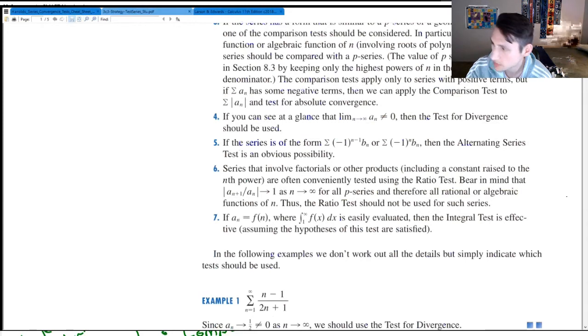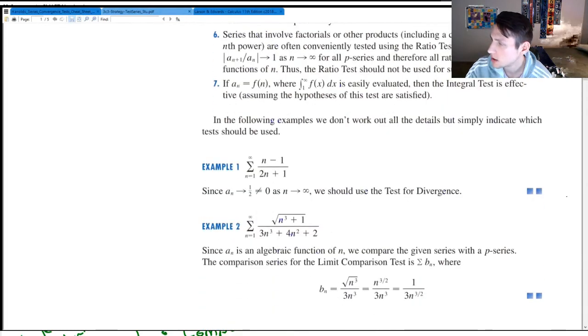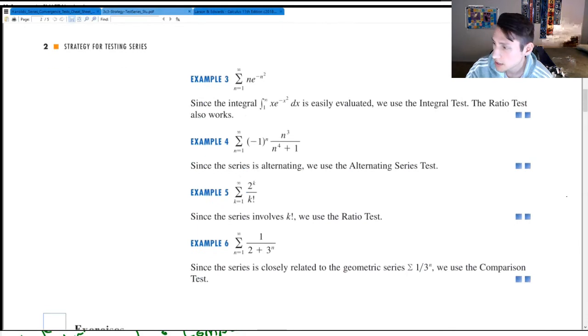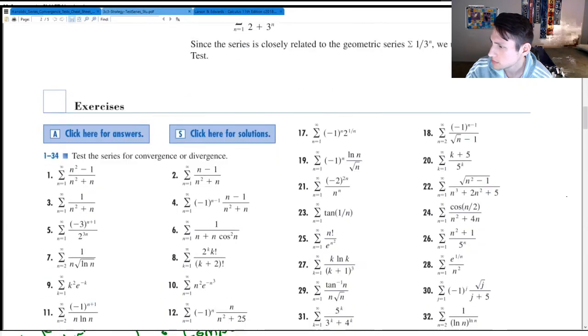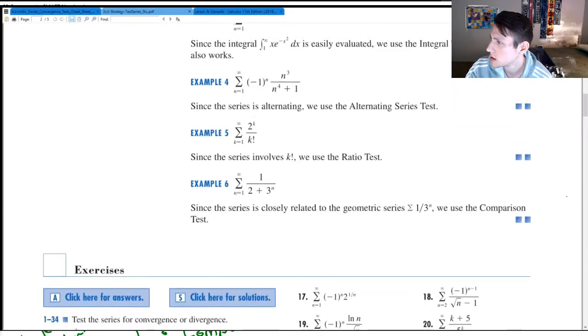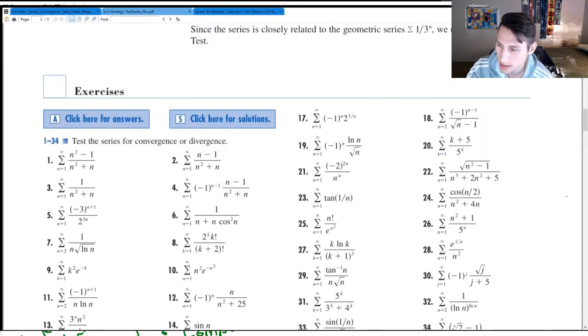Number 6, series that involve factorials or products, powers, ratio test, etc. It gives you a lot of examples of how to figure that out, and there's a ton of good practice problems here. Now, not all of these are applicable because some have tests that we didn't learn.